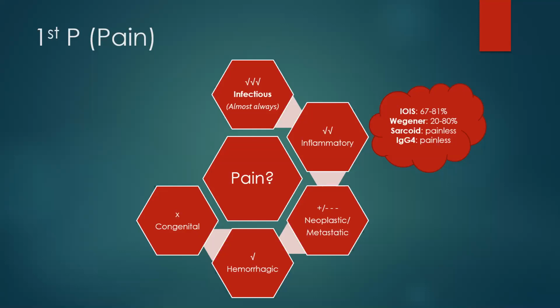And also pain is a known feature of metastasis. Hemorrhagic, mainly it's painful, and it will be clear in the history that the patient had a hemorrhagic condition, like a trauma history or history of retrobulbar or peribulbar injection.